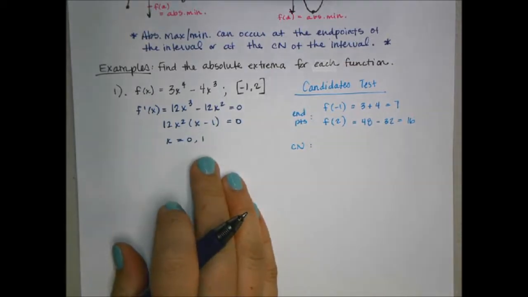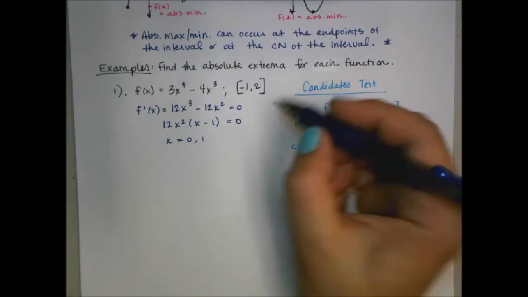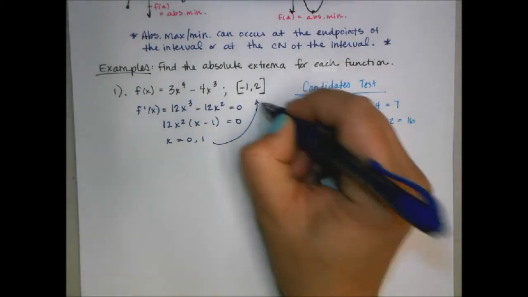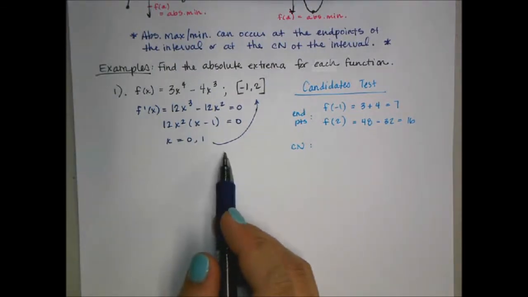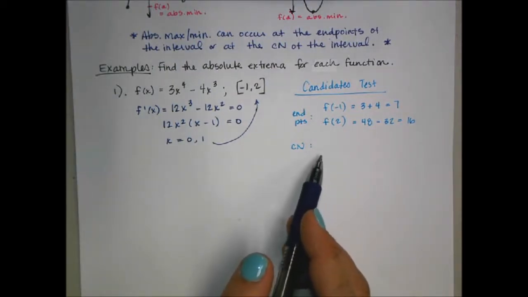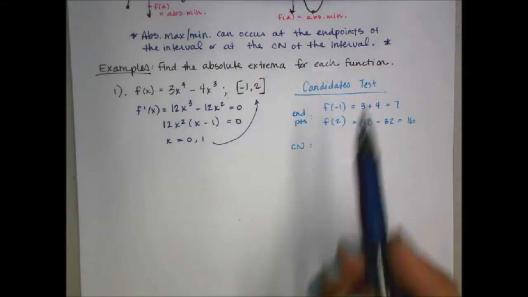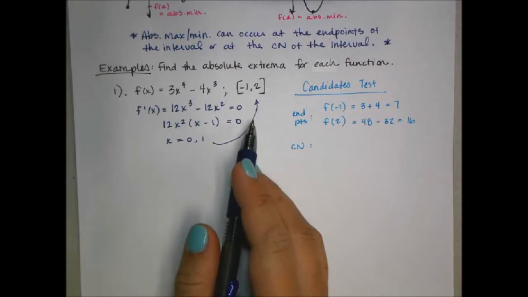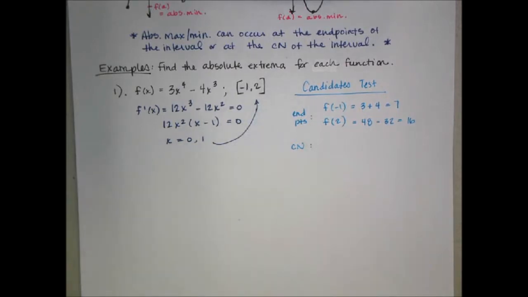So I do get 0 and 1. What you want to make sure you do with the critical numbers is double check that they're within the interval -1 to 2. If any critical number is outside of the interval, you're not going to test it. Because again, we're only interested in the values that are within our interval. So 0 is within the interval, 1 is within the interval. So we are going to test both values.